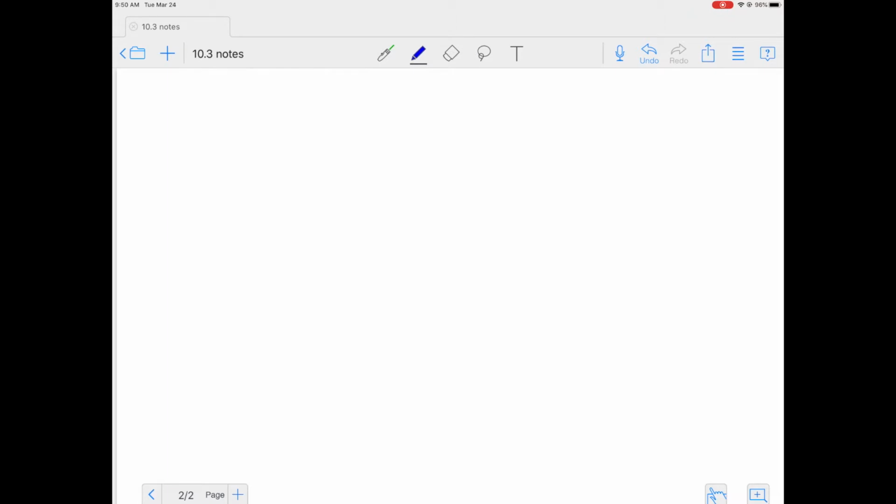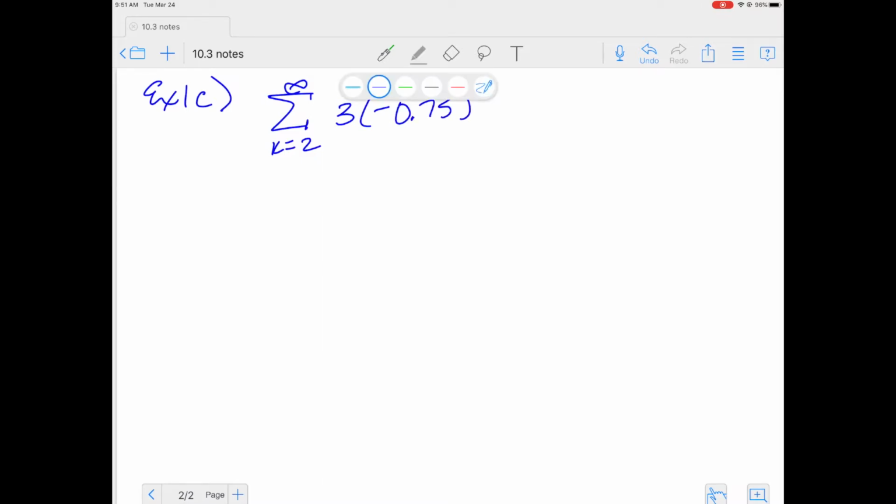What if we have this little fella right here? I am going from k equals 2 to infinity of 3 times negative 0.75 to the k. Now, I want to point something out to you.